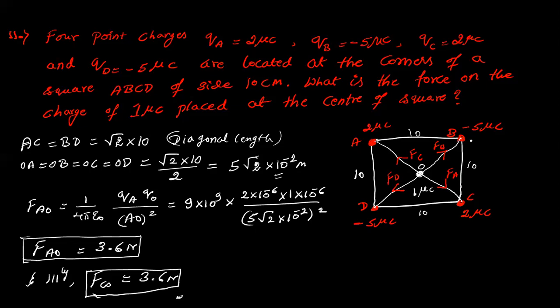And now find FB and FD. See, both are equal and opposite. Find FB. Here it comes 9 into 10 power 9, the charge at B, 5 into 10 power minus 6, and at the center 1 into 10 power minus 6, and the distance from center to corner is the same, 5 root 2 into 10 power minus 2, whole square.